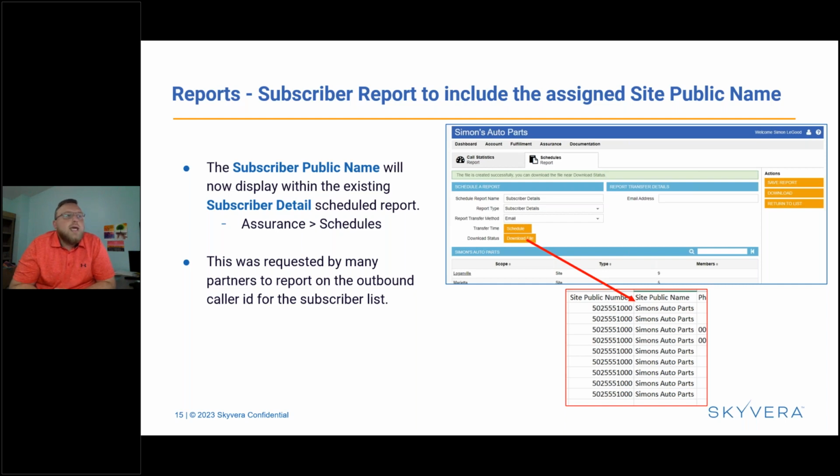This is a really handy report if you're not familiar with it. Having this information in here makes it much more accessible than it was previously. Now you can quickly run the data, see who's using the appropriate site public name and number, and that way you can go in and make modifications if need be.